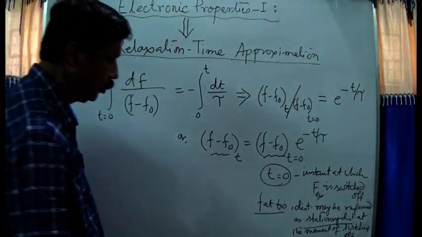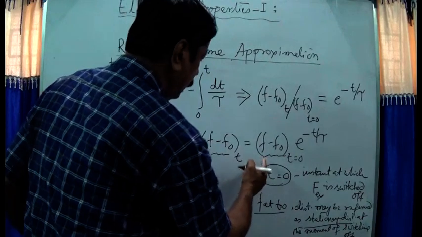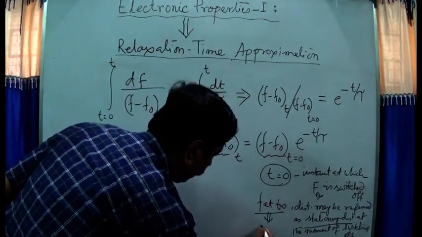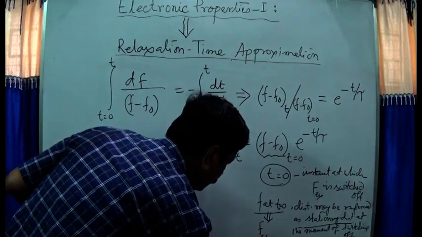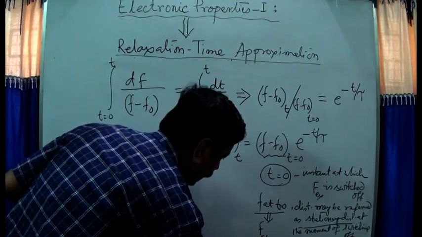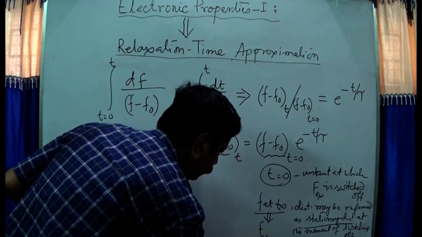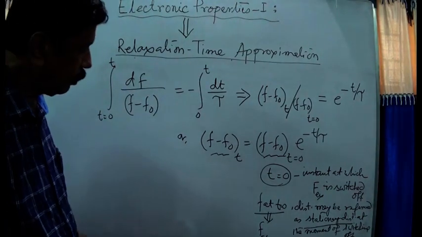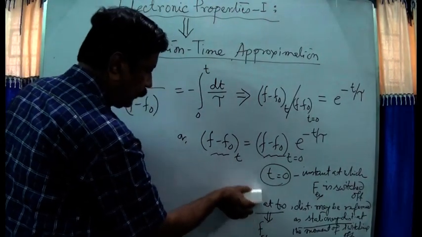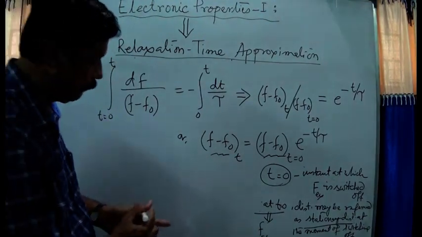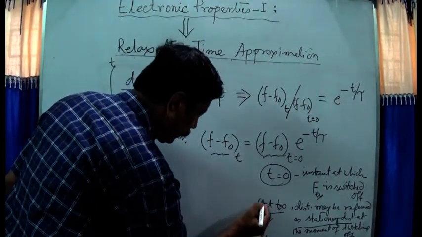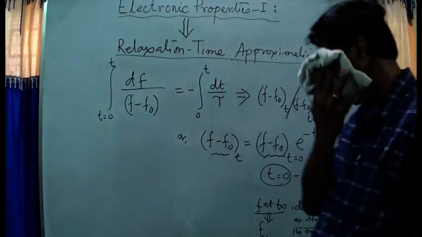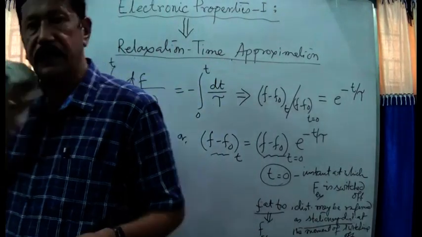Right? So this f at t equal to 0 can be written as the stationary distribution at t equal to 0. Okay, so this is the point to be noted, that this f and that f do not always refer to the same physical situation.